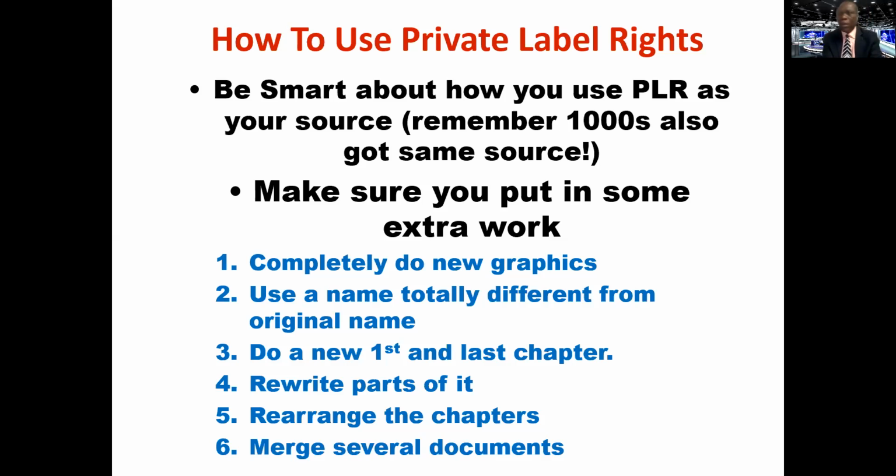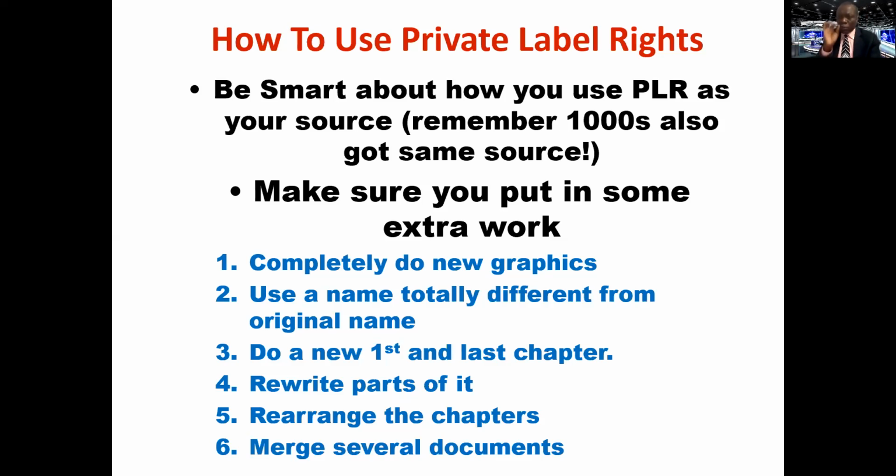Number 2, make sure you take a name totally different from the original name of the book. Do the first and last chapter yourself. Like I've said, the first chapter can be why I wrote this book, my life story, or something that is related to the book itself. Last chapter could be something also original. How to take it to the next level. Just come up with something yourself and write it.